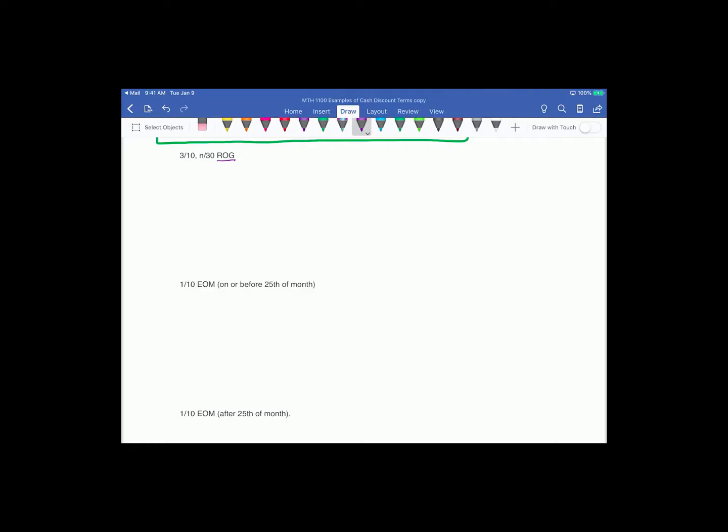So this means we get a 3% discount if we pay within 10 days of the receipt of goods.